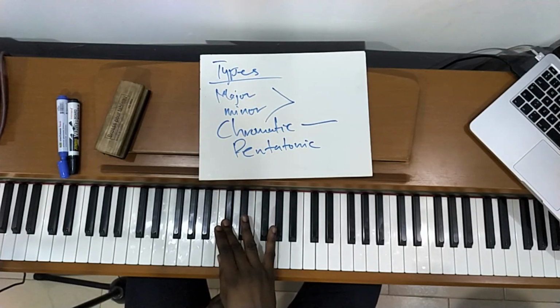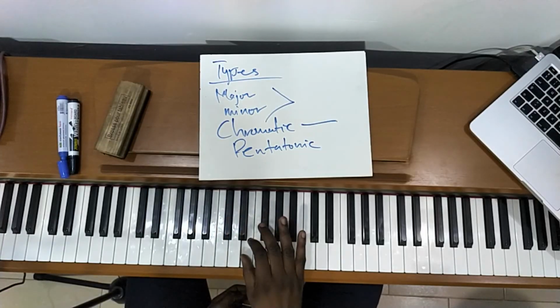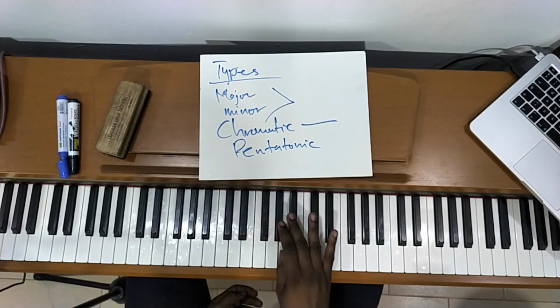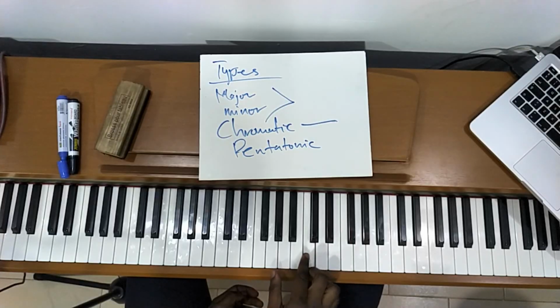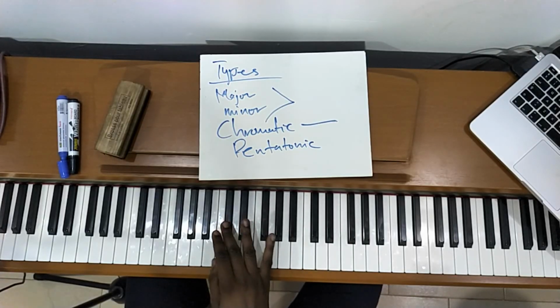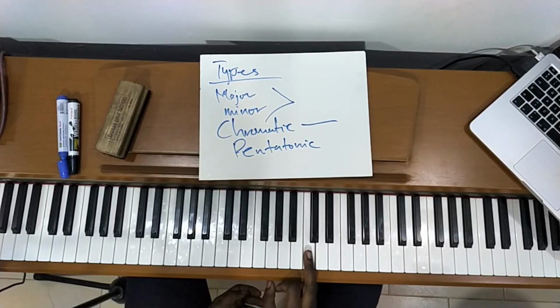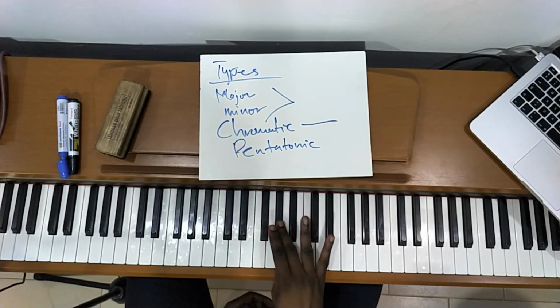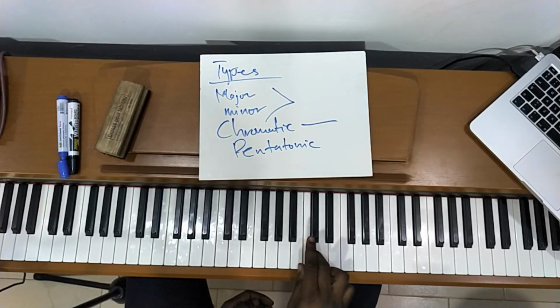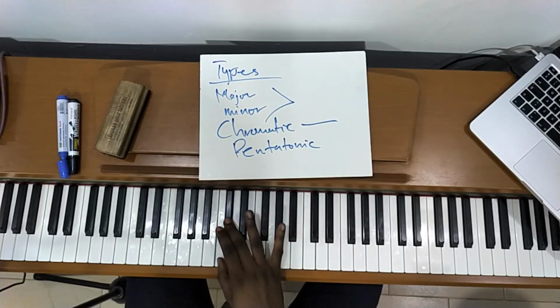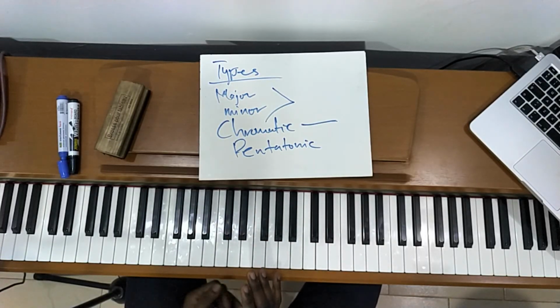You are just playing both the natural and accidental keys, okay? So C chromatic scale is this. All right. So basically that's what chromatic scale is. All right. So that's chromatic.